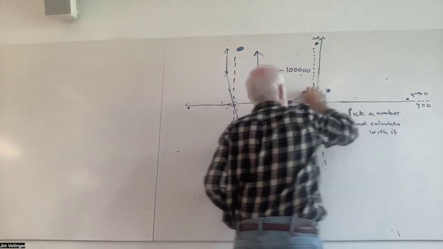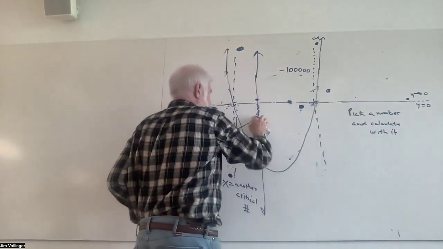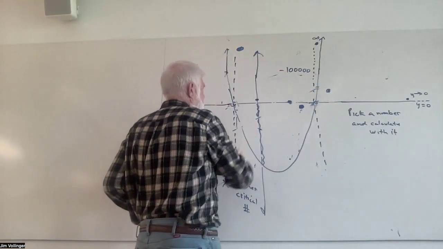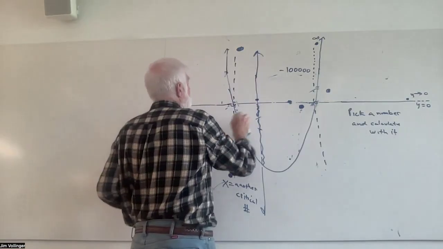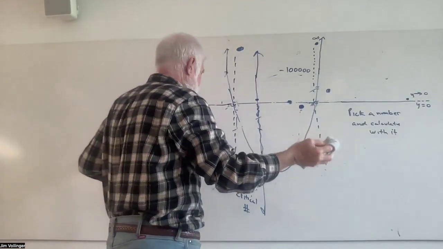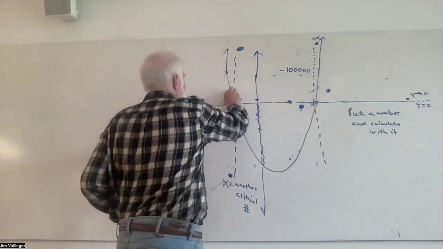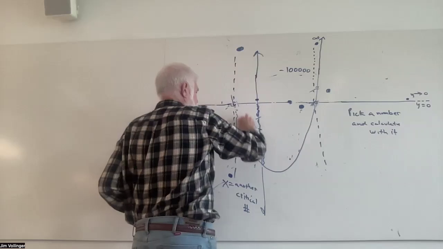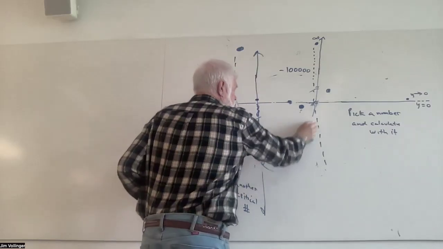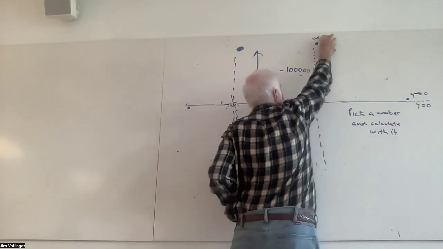Oh, I can get rid of the curves too. Clean enough to look at it from a symbolic standpoint now? Oh, no, I've got all kinds of things still in the way, huh? Yeah, I'll get rid of the graphs.